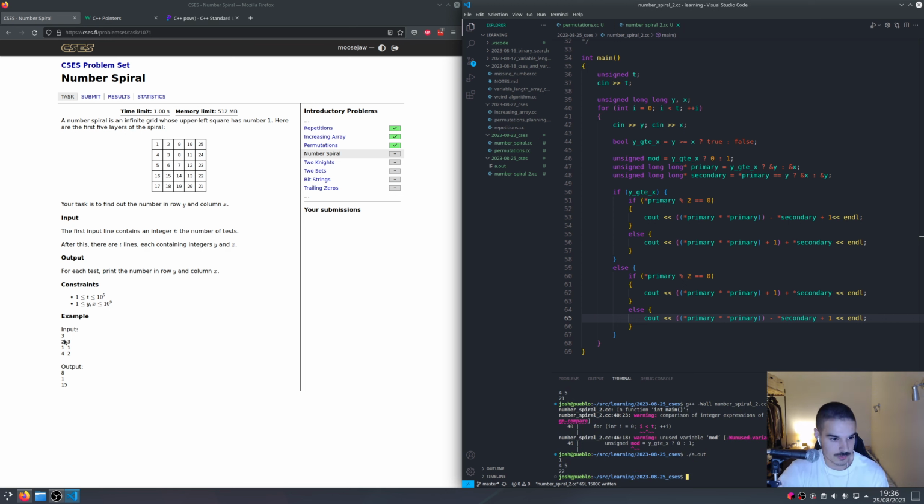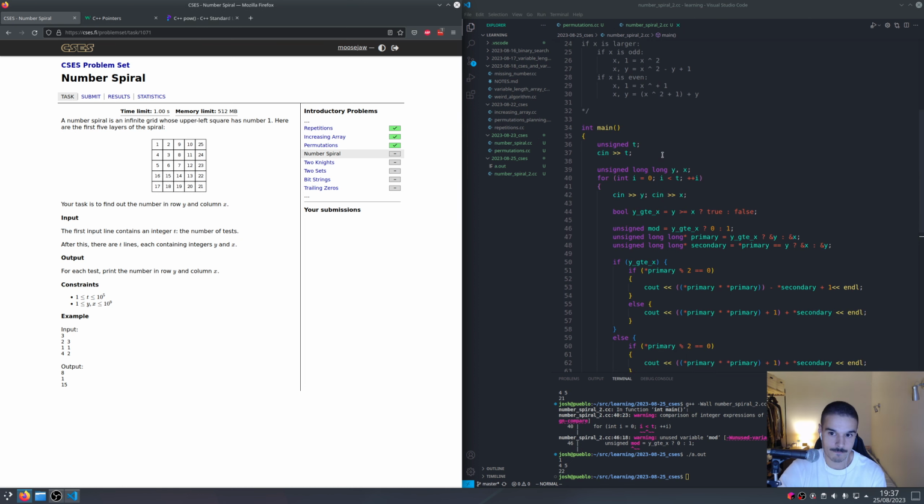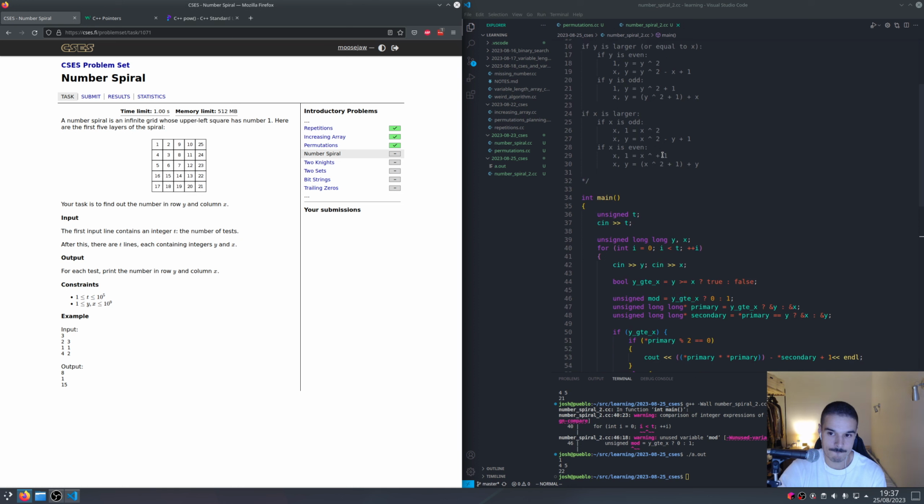But if I was to do... yeah, my 5-2 should be 18. Because what it should be doing is getting to 16 plus 1 and then adding 1. Plus x minus 1. I think.